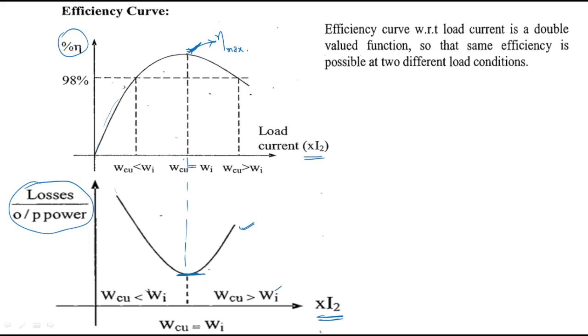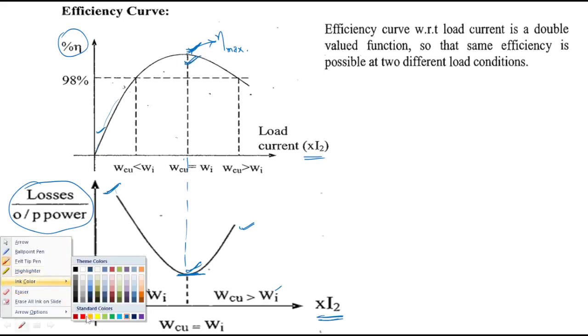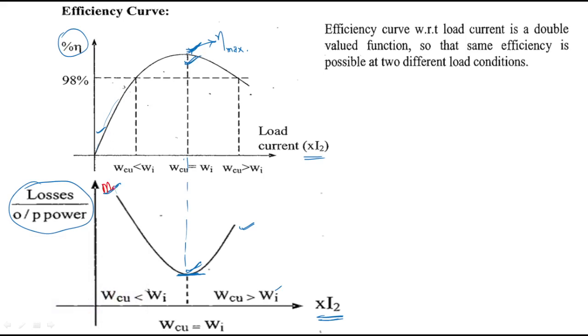So efficiency and losses to output power are inversely proportional. If this is maximum, here we get minimum efficiency. Where this is minimum, we get maximum efficiency. This is reaching the maximum, obviously this is reaching the minimum, inversely proportional.